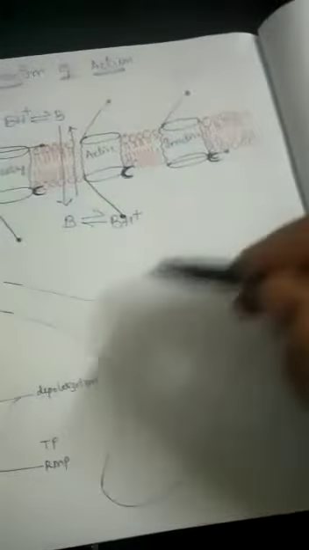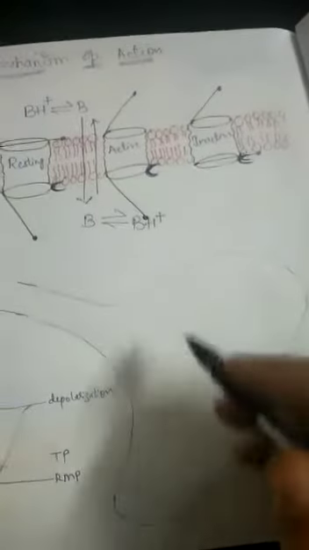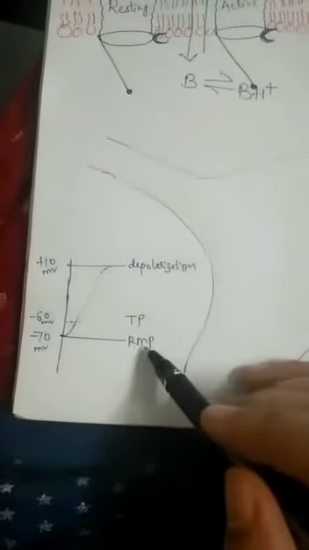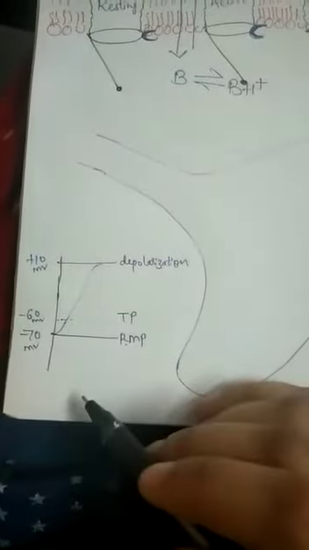Now suppose this is some kind of neuron. When this neuron is not stimulated, it is at the resting stage, and at that stage it has a resting membrane potential of minus 70 millivolt. Now suppose this neuron is stimulated.